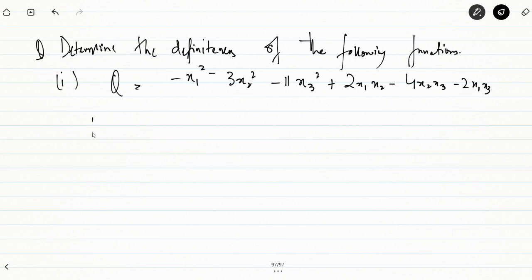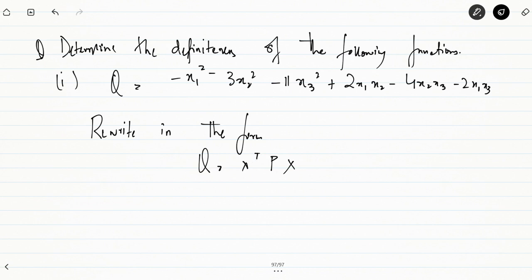For that, we need to actually rewrite this. Q is equal to x transpose P x. Fine. We need to actually find out the value of matrix P and determine whether this system will be positive definite or a negative definite.